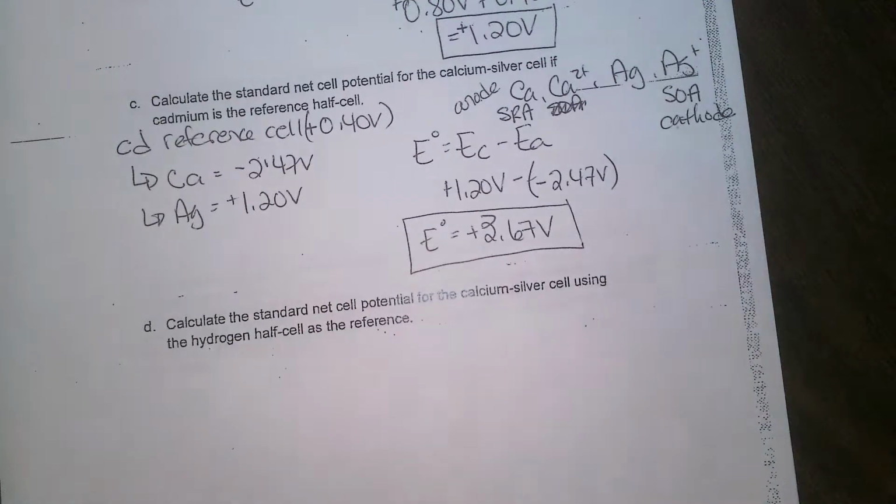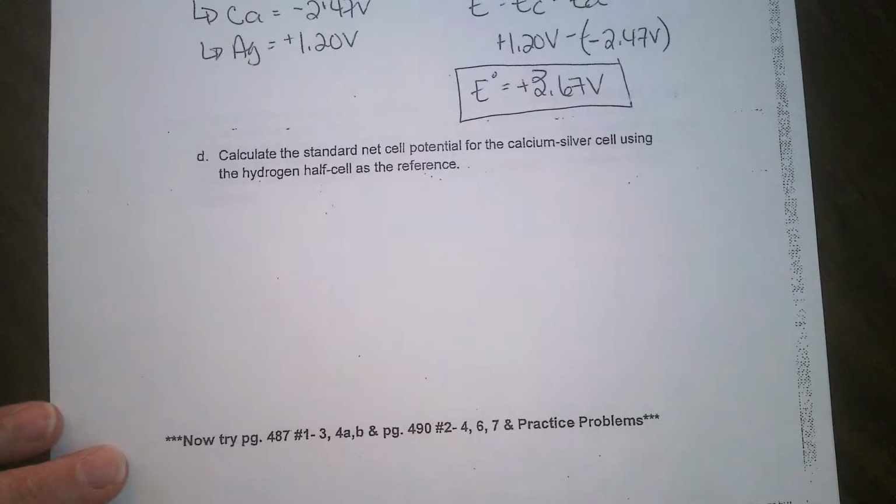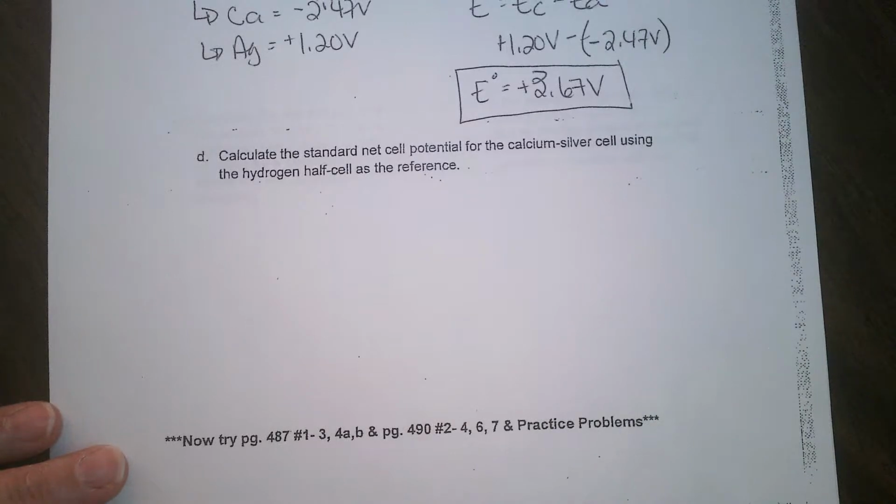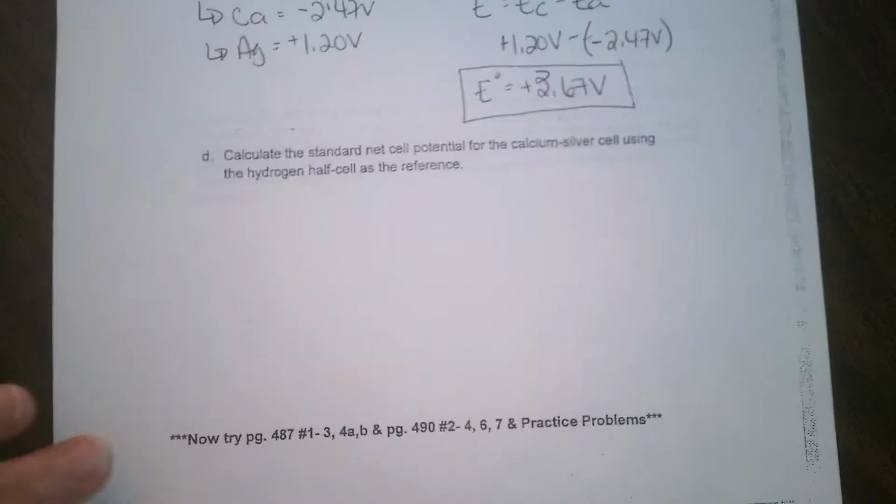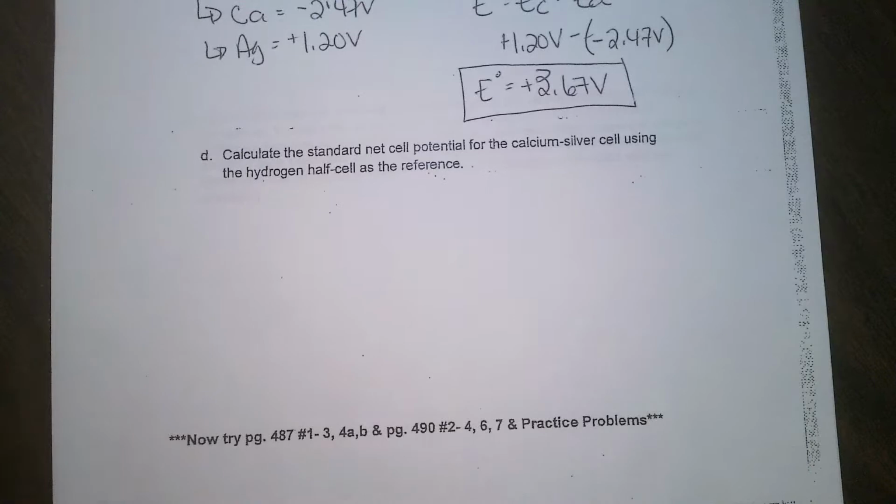Part 4 says calculate the standard net potential for the calcium silver cell using the hydrogen half cell as the reference. So now we're going back to the original values in the data table for calcium and silver.